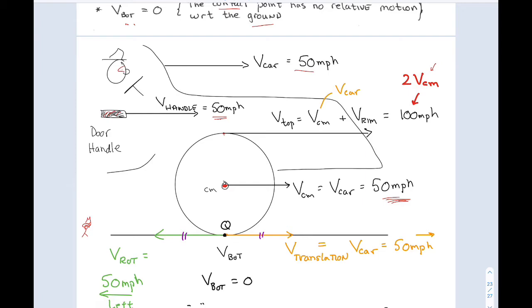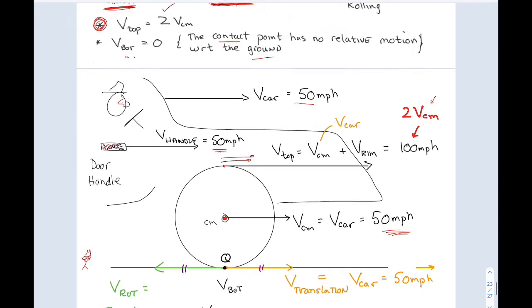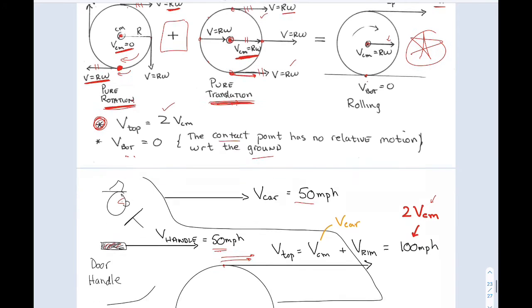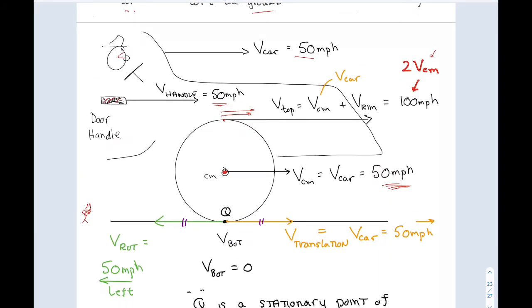So the top of the wheel is doing 2 things. It's heading to the right due to rotation, and headed to the right due to translation. Those 2 arrows, there's one there, there's one there, added up to 2 times the speed of the center of mass. So the car's headed to the right at 50 miles an hour, door handle is headed to the right at 50 miles per hour, but the top of the wheel is headed to the right with a velocity of 100 miles per hour.